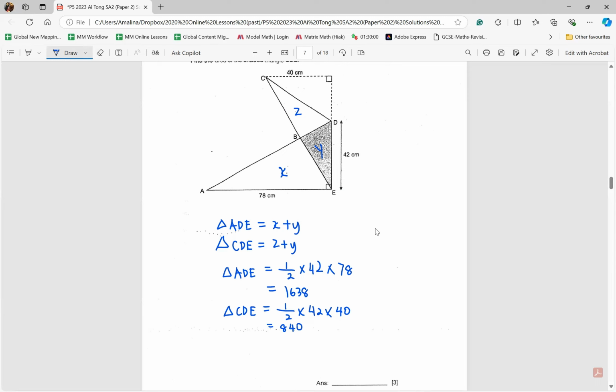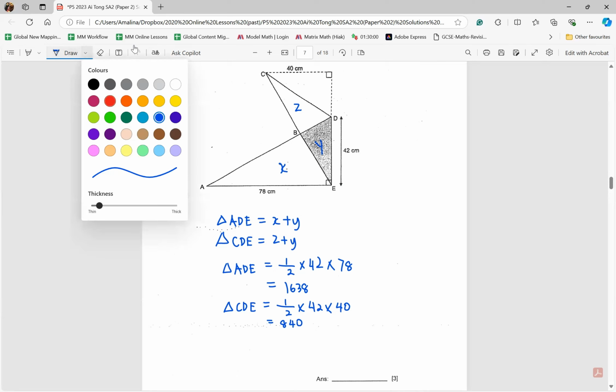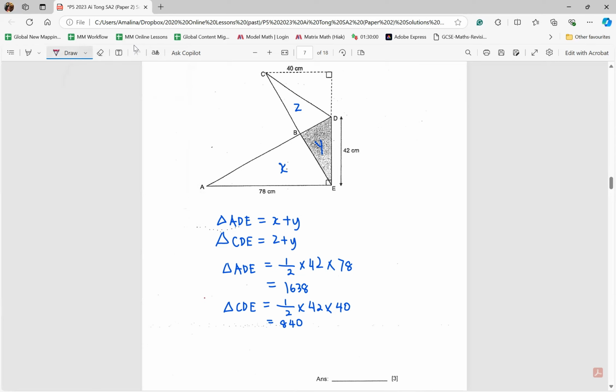So if I take my ADE plus my triangle CDE, if I take 1638 plus my 840, these two will give me X plus 2Y plus Z. So this is my X plus Y, right?